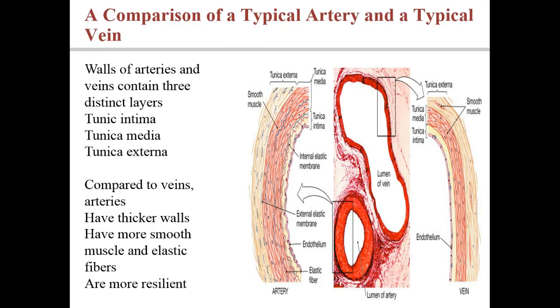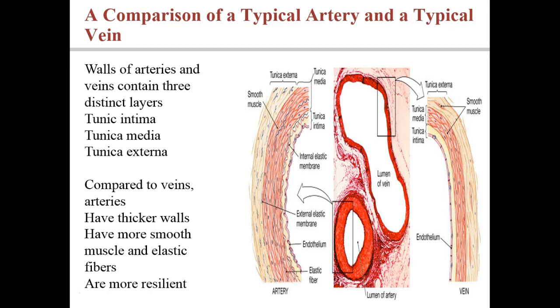The walls of arteries and veins contain three distinct layers, the first being the tunica intima. That tunica intima is the innermost layer, and you can see it on the artery on the left. Tunica intima has almost the purple zigzag line on it.